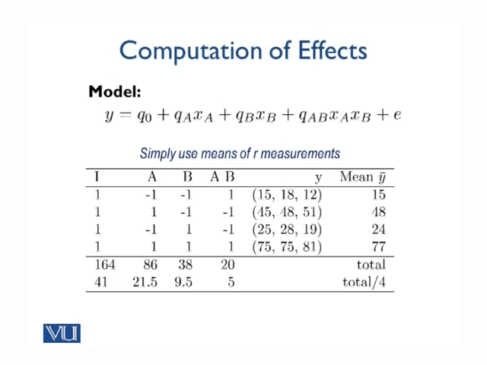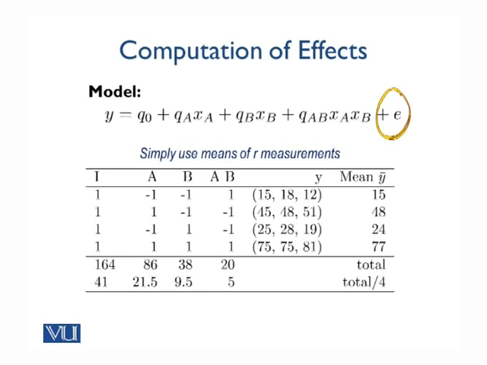So how do we compute the effects? The model is shown on the slide. The only difference from the model that we earlier studied is the additional E term at the end of the equation.